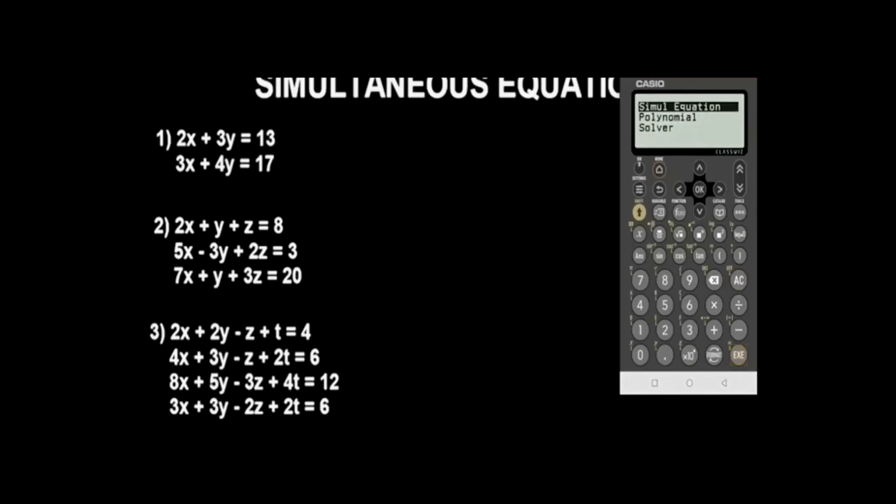Now simultaneous equation, go down for 3 variables or 3 unknowns. So let's begin with equation 1 there for question 2. The coefficient of 2x there is 2. Okay, coefficient of y is 1. The constant is 8.